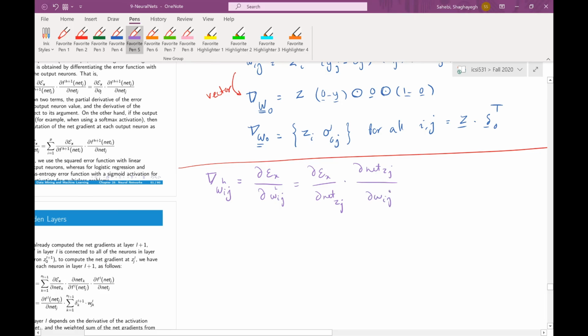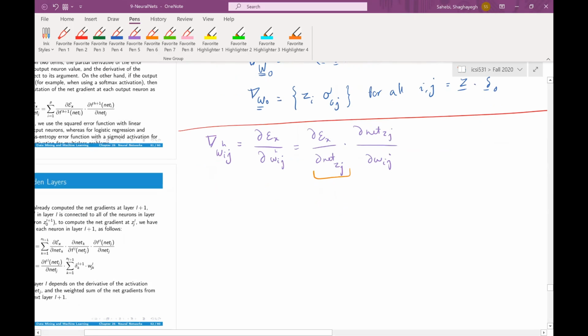with respect to Wij. So again, similarly, we are going to use the chain rule. Now, this first thing, the gradient of error with respect to net Zj, you remember that we defined that as delta Zj, which is our net gradient, right?